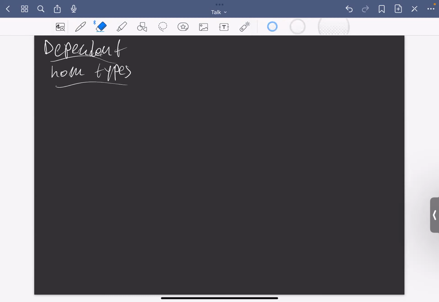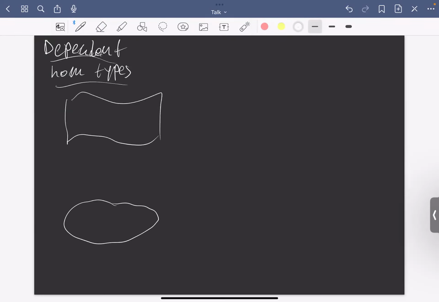And these work as follows. So assume we have a type family that I'm drawing as a fibration now, so as a map.